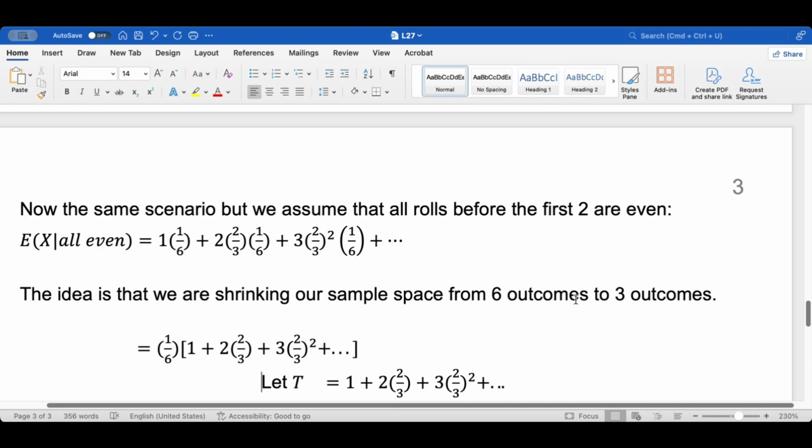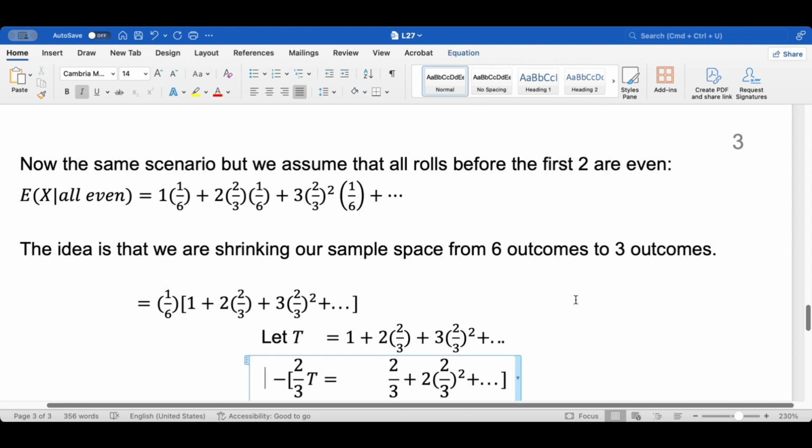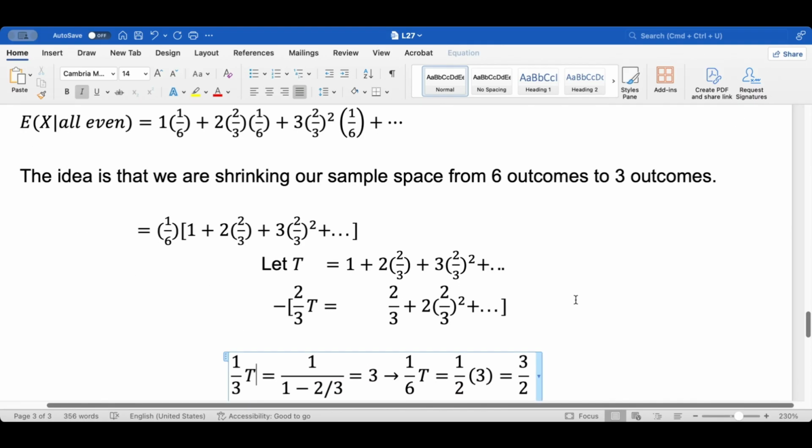Factoring out 1/6, again, we have that same type of nearly geometric series. Again, I'm letting t be the inner bracket there. We're going to subtract r times t, 2/3 t, on both sides. And again, when we subtract, we're going to get 1/3 t on the left.